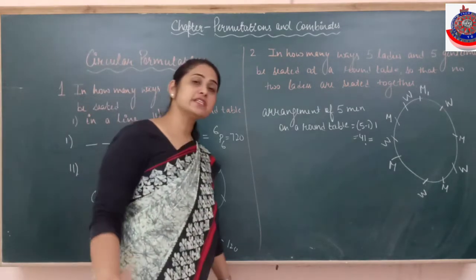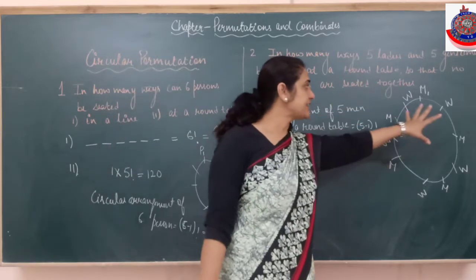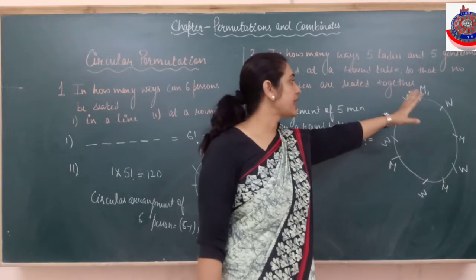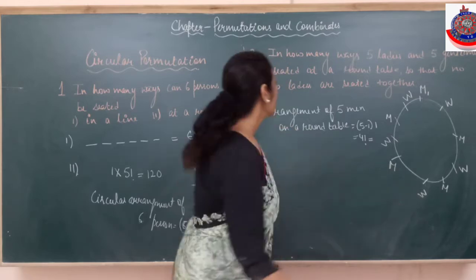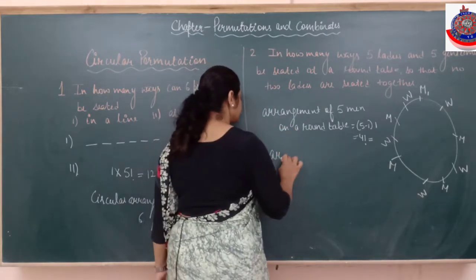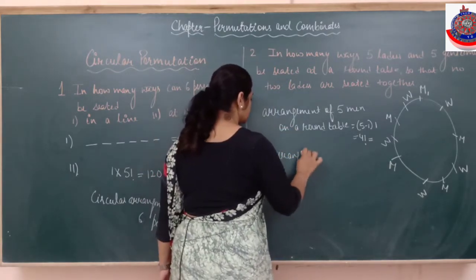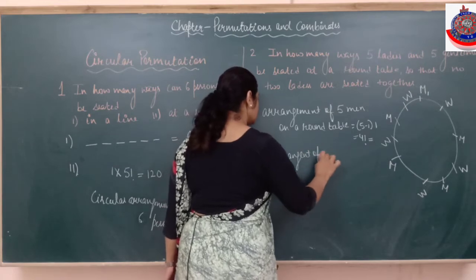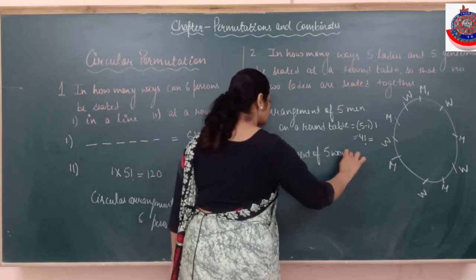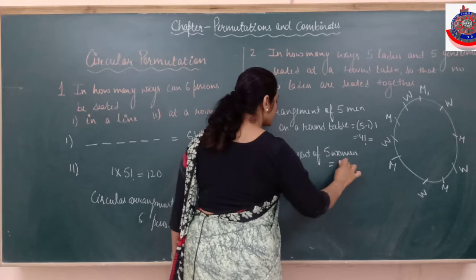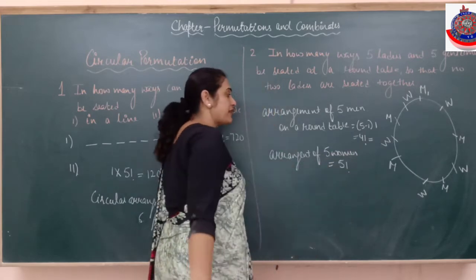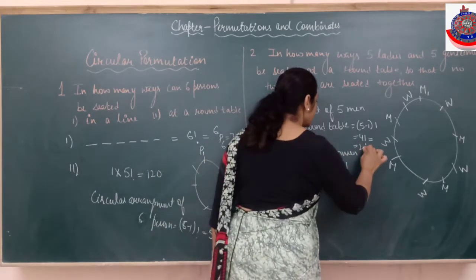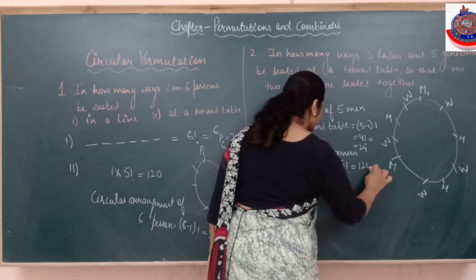The men have already decided the seats. They are sitting on the seats. So women can come and occupy any 5 places. So arrangement of women, no restriction given. 5 women, 5 seats. So that will be 5 factorial. Alright, this is 24. This is 120.